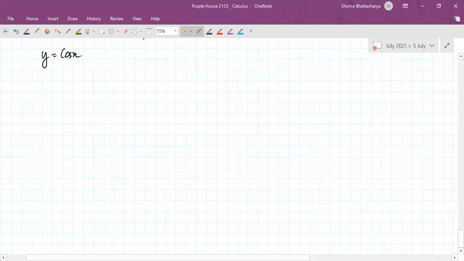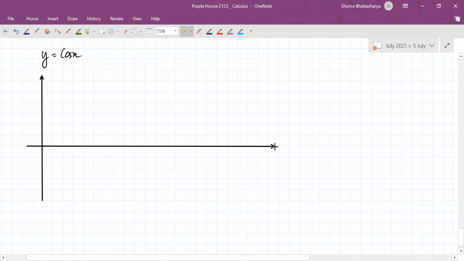Okay, so let's look at the graph of cos x. As you know, cos has a graph where cos of 0 is 1. And as x increases from 0 to 90 degrees, cos x decreases to 0. In the second quadrant cos becomes negative. So it goes to -1 as x goes to 180 degrees.